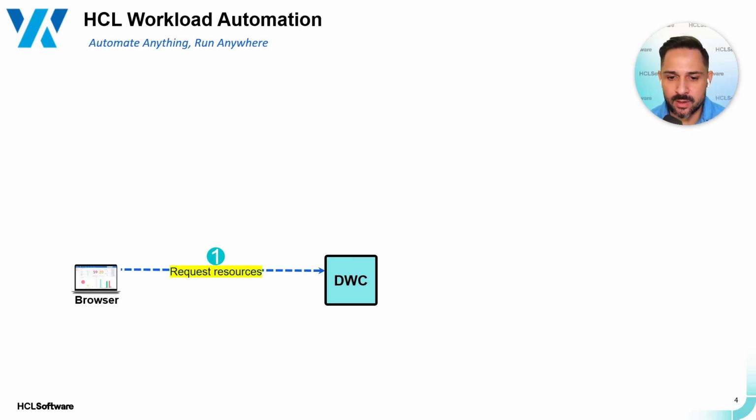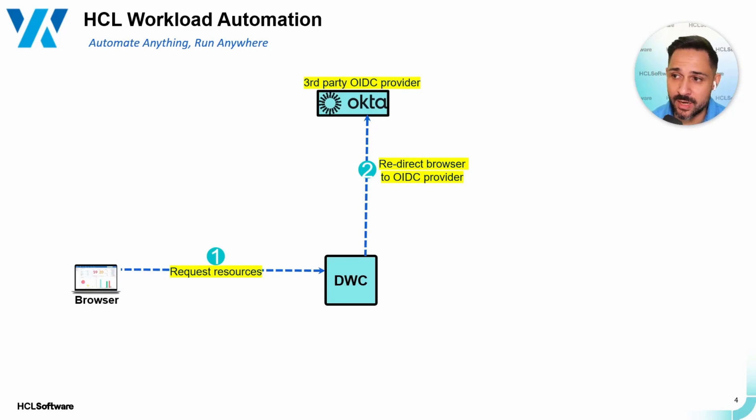Once we configure OpenID Connect, DWC will be an OpenID Connect client. By doing so, DWC will redirect the browser straight to our OpenID Connect provider. In our case, it will be Okta, the third-party OIDC provider we will be leveraging.